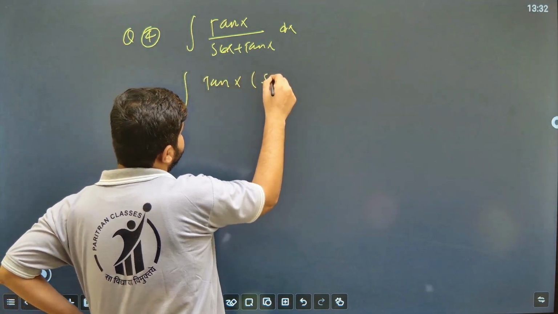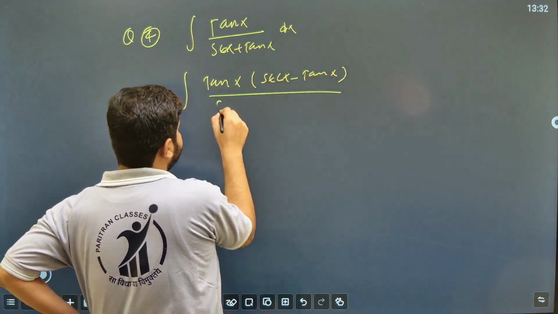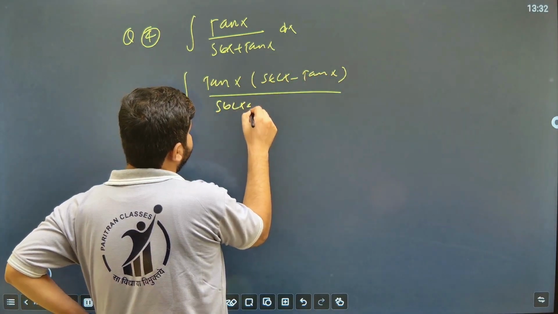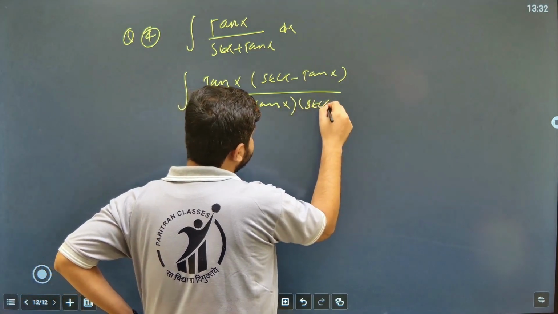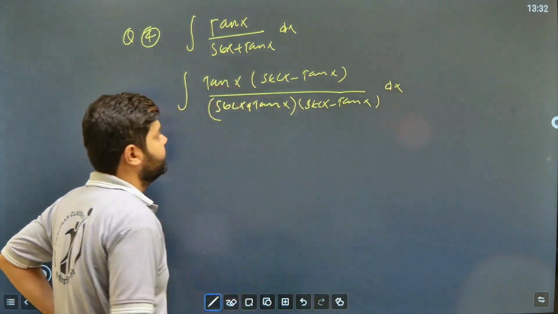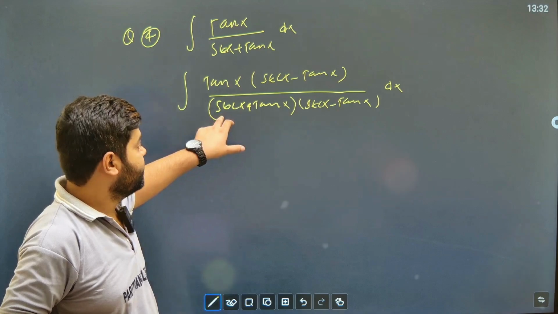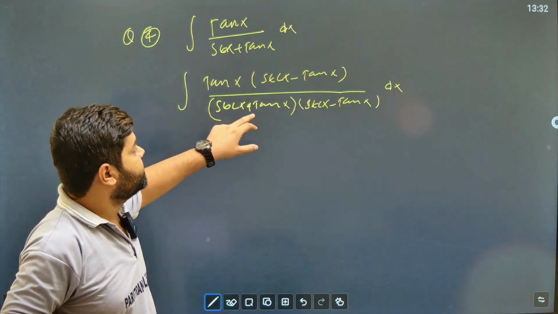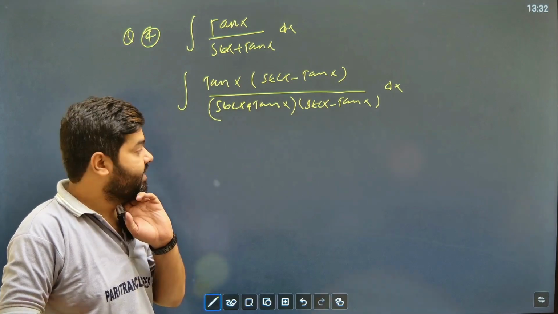Tan x into sec x minus tan x upon sec x plus tan x into sec x minus tan x dx. We can see here in the denominator, sec x plus tan x into sec x minus tan x will be sec square x minus tan square x.